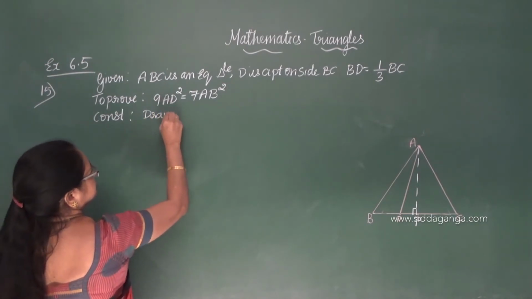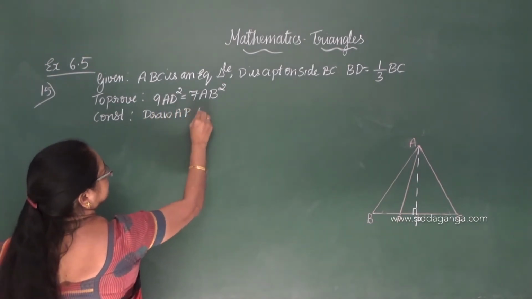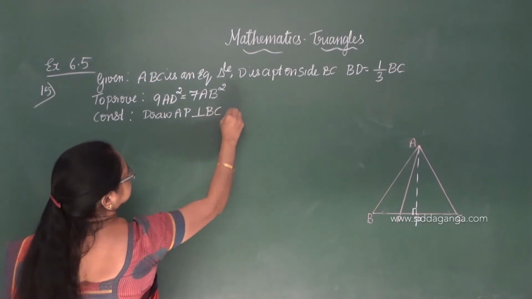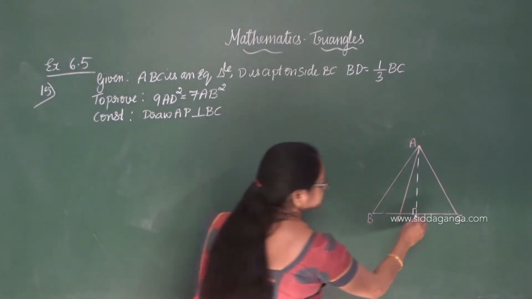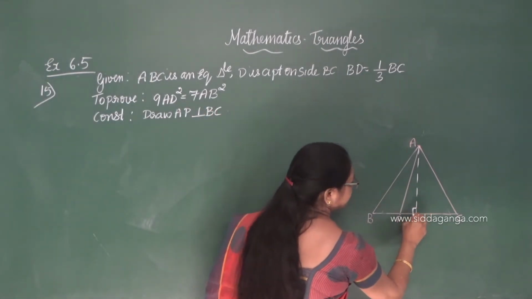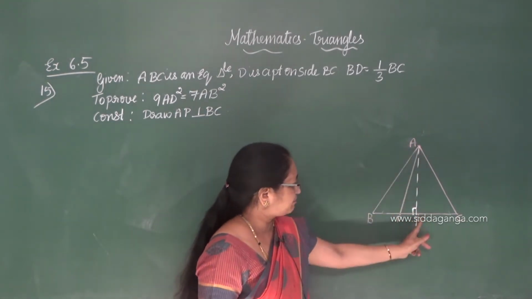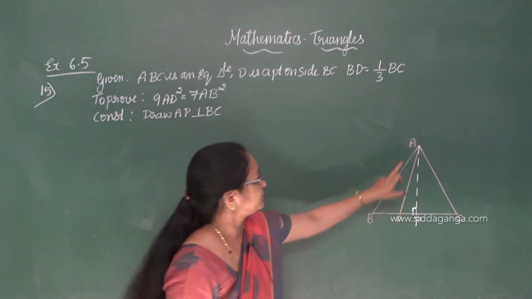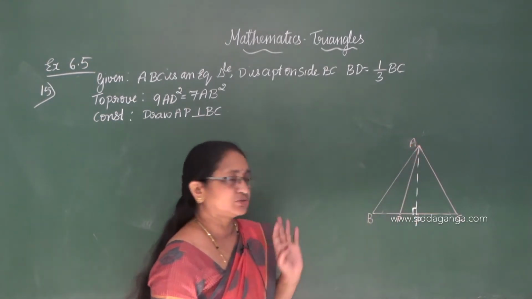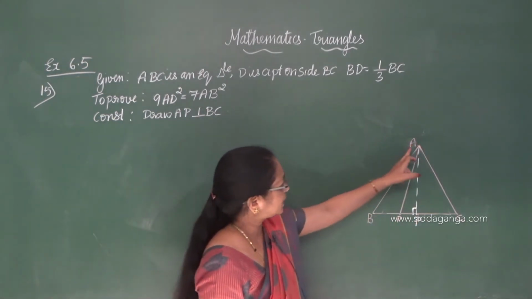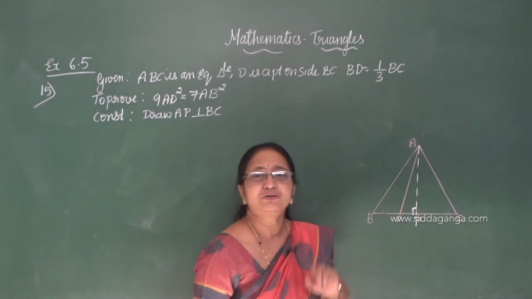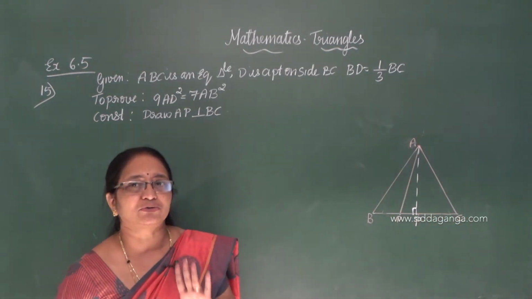Construction: draw AP perpendicular to BC. Now perpendicular means definitely here you can take right angle triangles. So we have right angle triangle APD and also APB is a right angle triangle and APC is also a right angle triangle. Please note this.